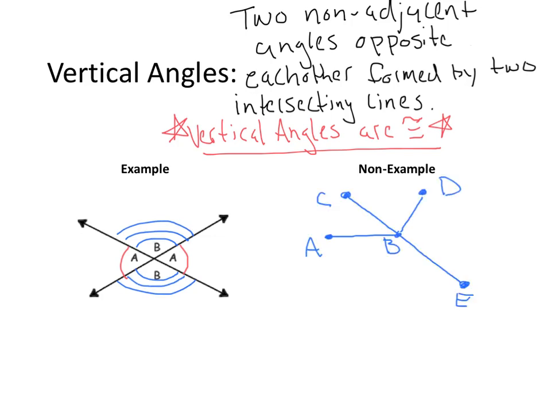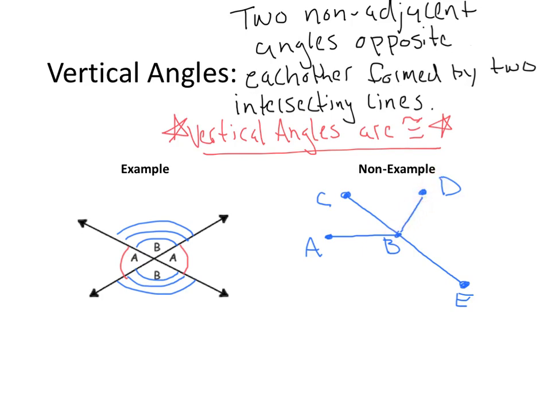Below to the right, we have our first non-example. Remember, vertical angles are two non-adjacent angles opposite each other formed by two intersecting lines. In this particular case, we actually have more than two intersecting lines. We have line segment CE, line segment AB, and line segment DB.